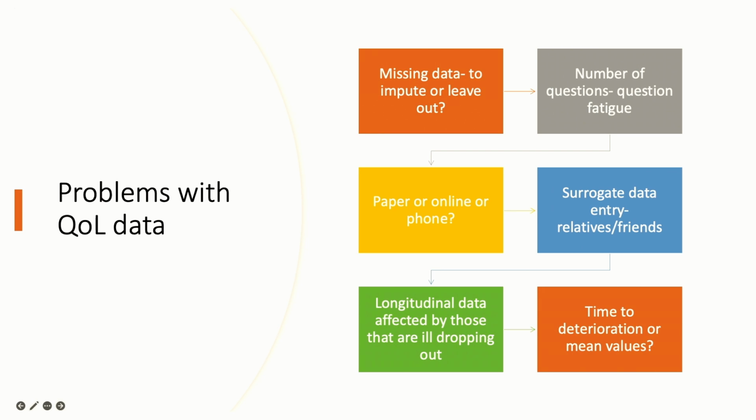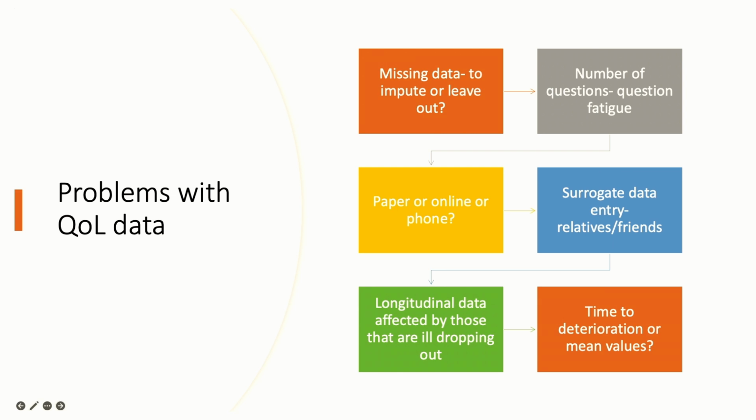The paper or online thing or phone, I think, has been sorted out. They do seem to be equivalent. If the patient can't fill in the data, there's a question about whether relatives or friends should fill it in for them, and that's called surrogate data entry, and there are problems with that. I won't go into those, but you don't always get the same answer for whatever reason.